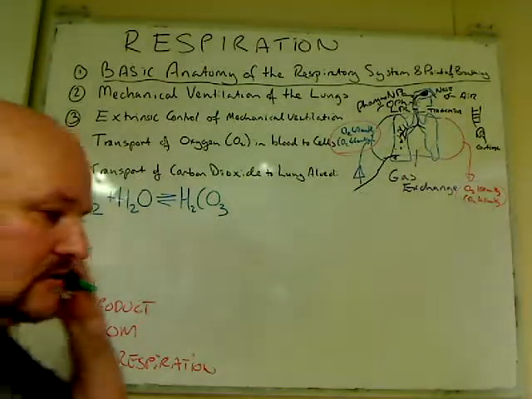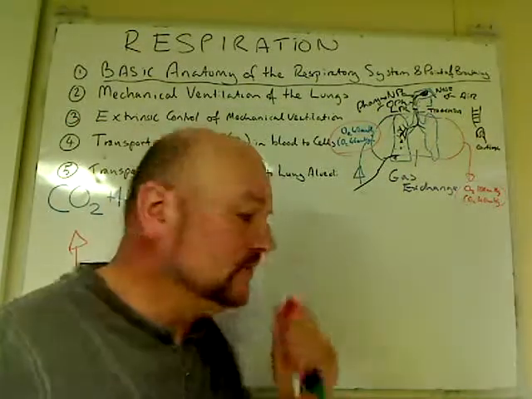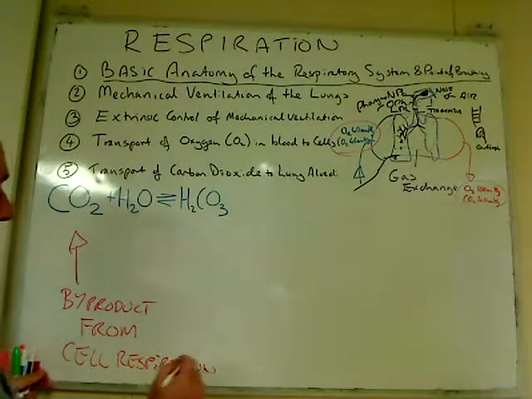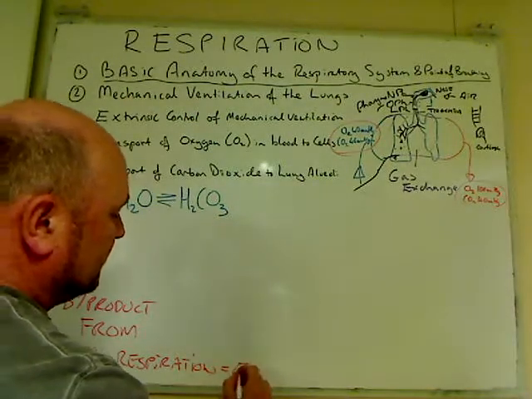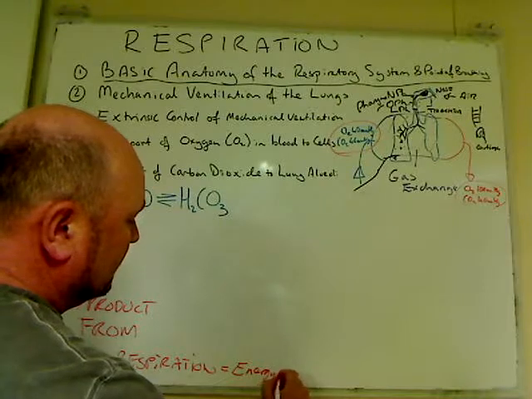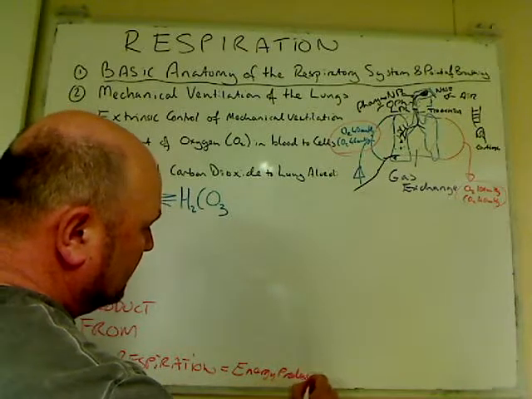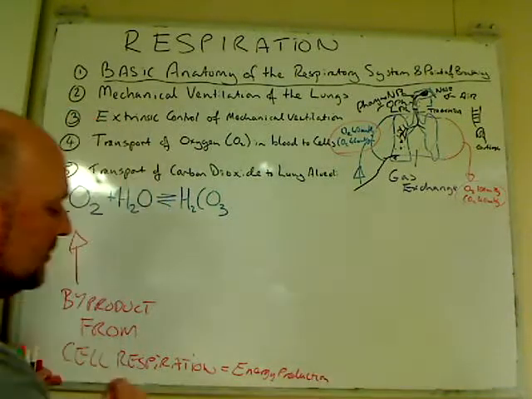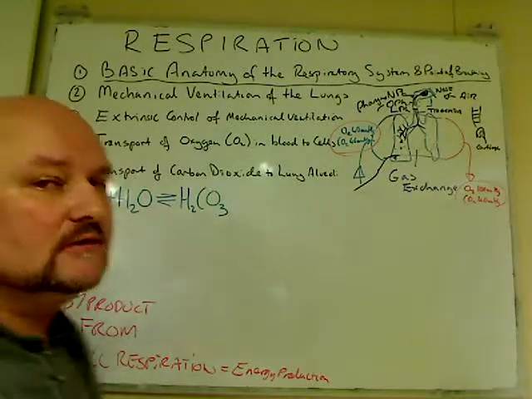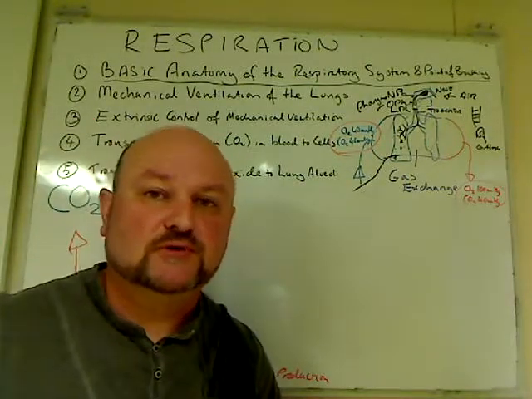Now it's produced from the Krebs cycle in particular. So, or equals energy production. So the more energy we produce, the more carbon dioxide as a byproduct we're going to also produce.